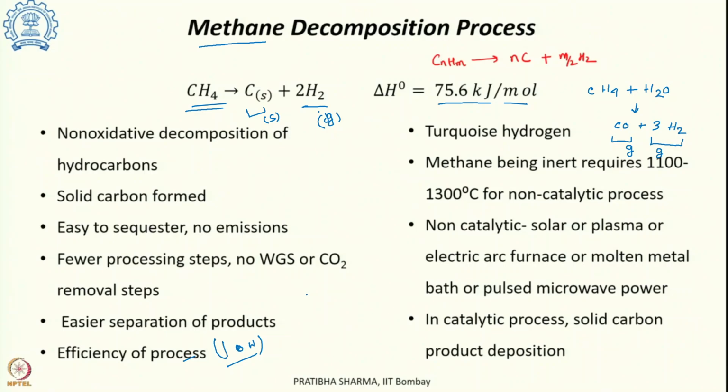Because in this process, whatever carbon is generated in solid form has very large applications in the chemical industry. Carbon can be used in the catalyst industry, and in energy generation sectors.